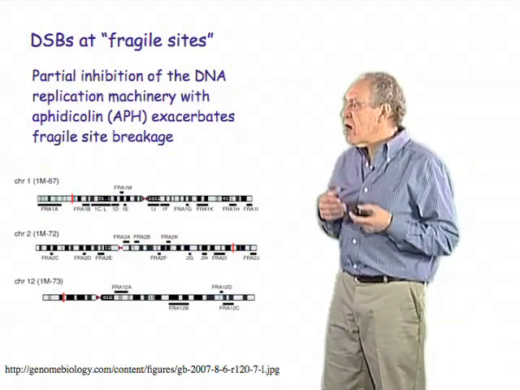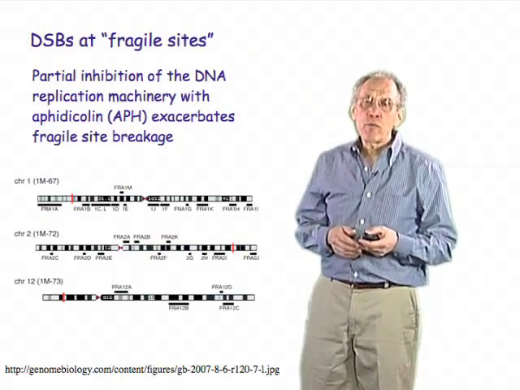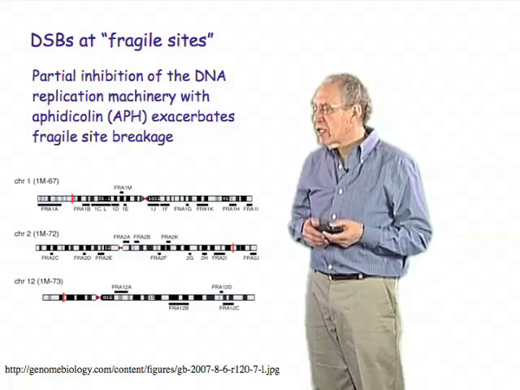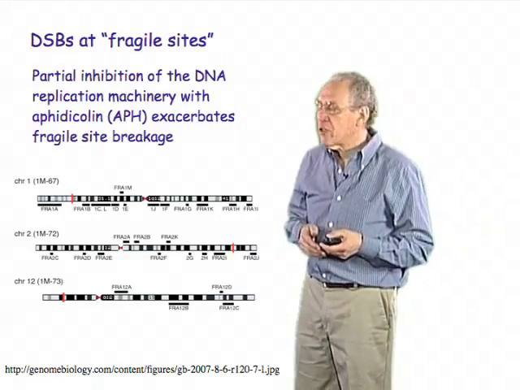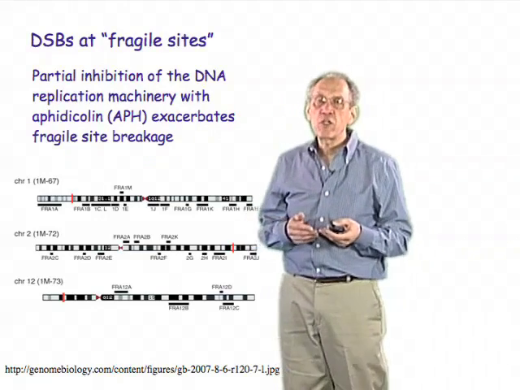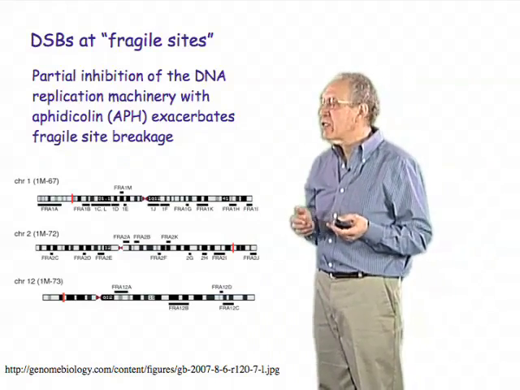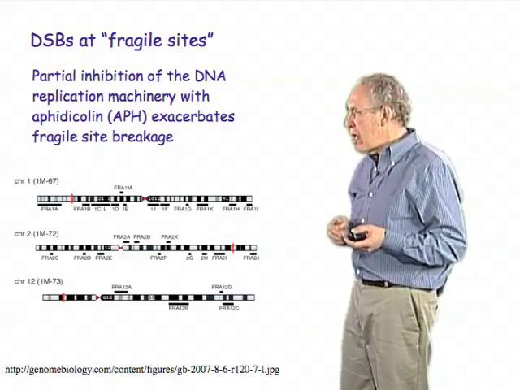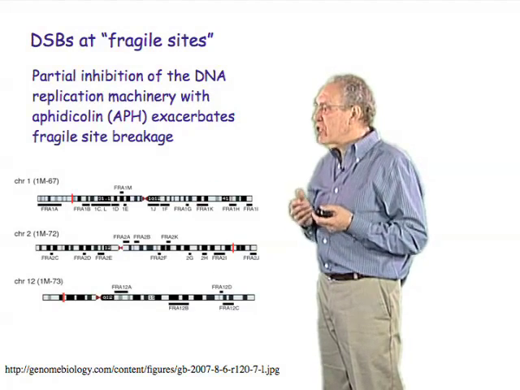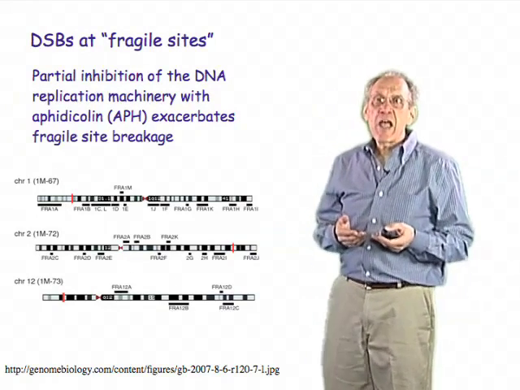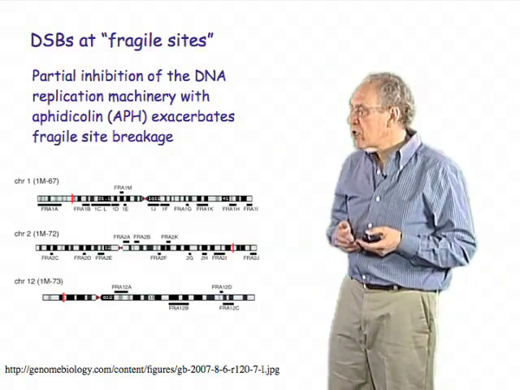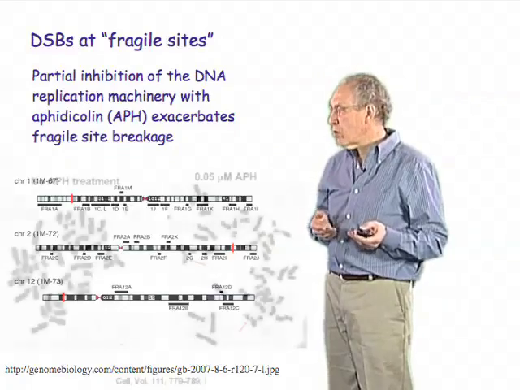There are lots of fragile sites in human chromosomes, which are sites where this kind of replication process is exaggerated. And so these are sites where, in fact, you see frequent chromosome breakage by looking, again, at the karyotype, as I showed you before. And in fact, one can reveal that these sites are particularly fragile by slowing down the normal DNA replication process using a chemical inhibitor, in this case called acetylcholine.